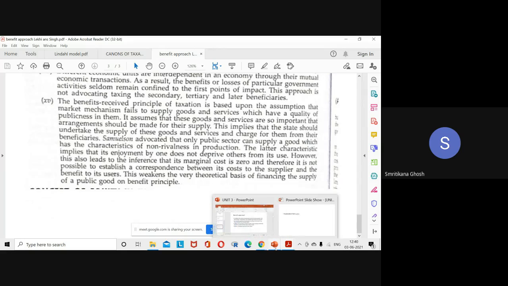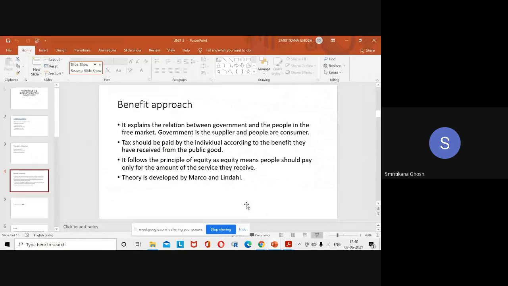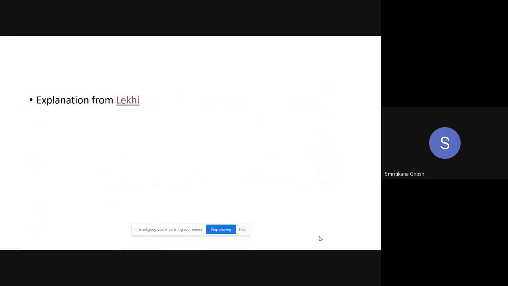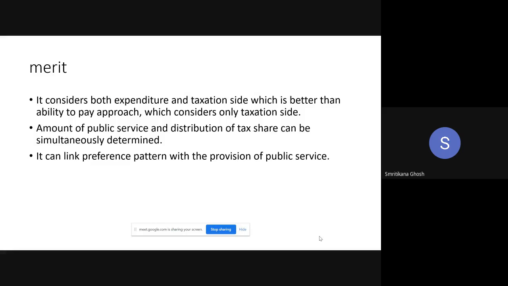Now I am going to the next part. So what is the positive side of the benefit approach? Expenditure and taxation are considered together, better than the ability to pay approach, which considers only taxation. In the ability to pay approach, which we will discuss after some time, we are only concerned about taxation, how to collect the tax.